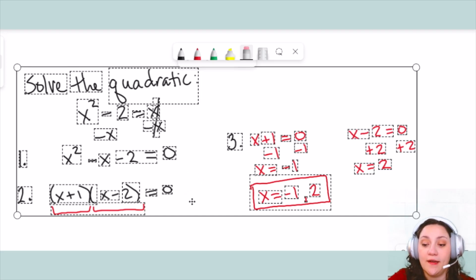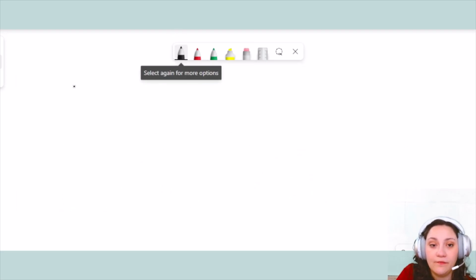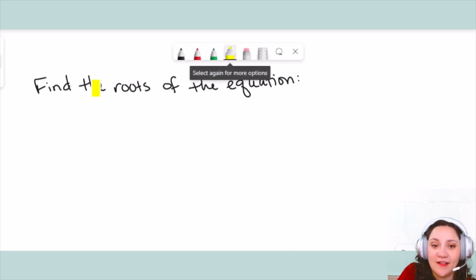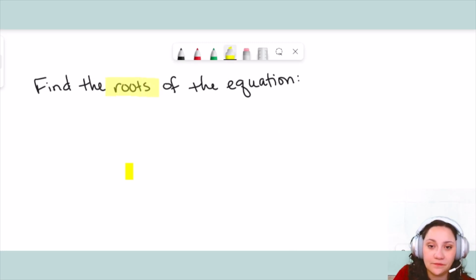So let's do another example. Find the roots of the equation. And before I even write the equation, let's just stop right there and look at this word roots.